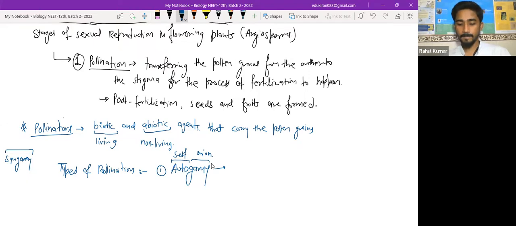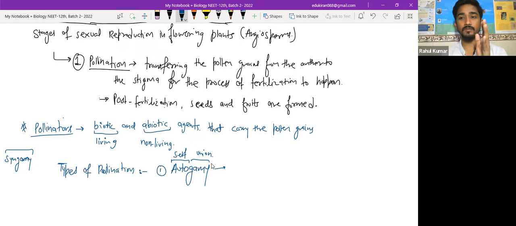So write down autogamy, the pollination takes place. Now there could be three scenarios. Let's first understand the scenario. The first scenario is where fertilization is happening in the same flower. You understand?